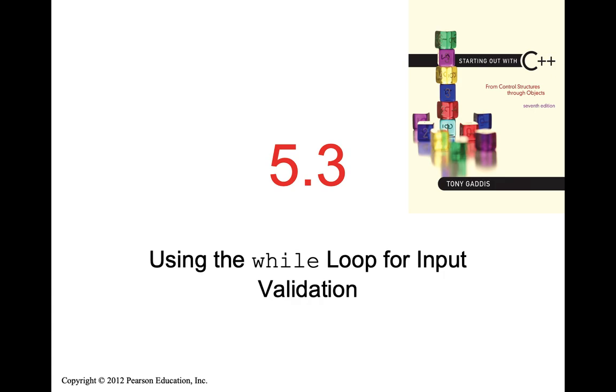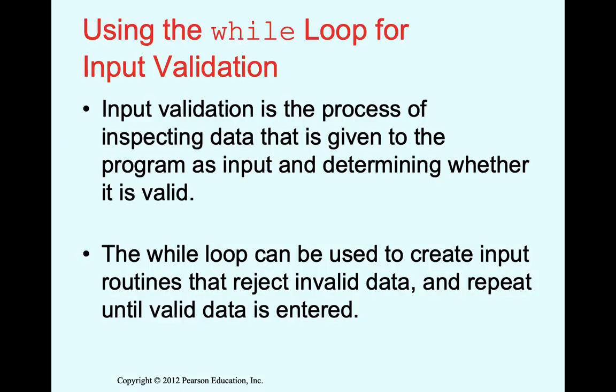So the while loop can be used for validation. Let's take an example using the while loop for input validation. We inspect the data and we can make sure that the data entered by the user is valid. So the while loop can be used to repeat until the user enters valid data.